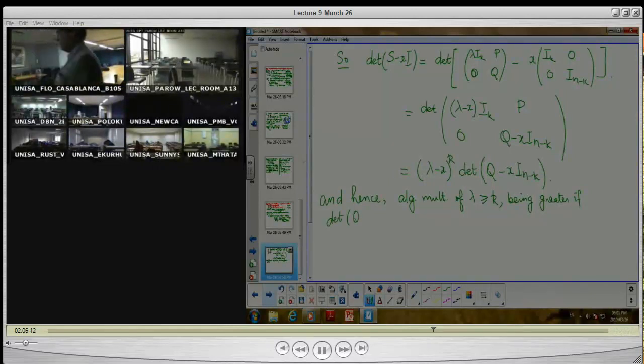So that shows that the geometric multiplicity is always less than or equal to the algebraic multiplicity of the eigenvalue.